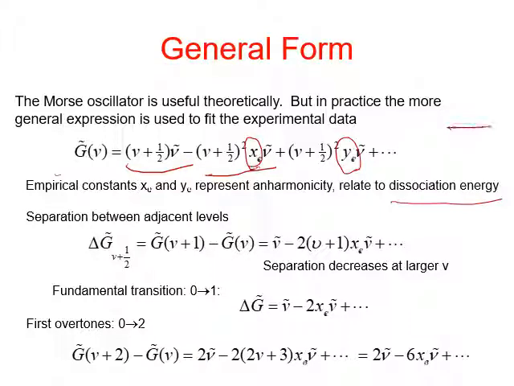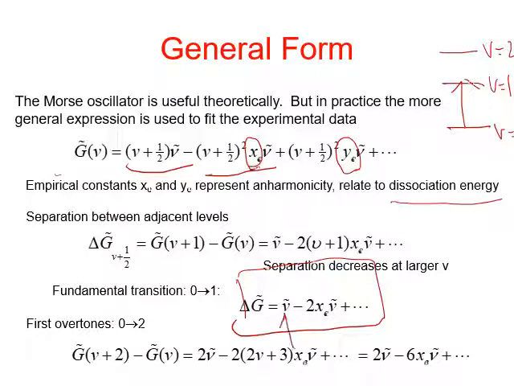So here v equals 0, v equals 1, v equals 2. For the first overtone, the theoretical prediction is this equation, in which nu represents the natural frequency of the vibrator, and the second term includes an anharmonicity constant. So that's the fundamental transition.